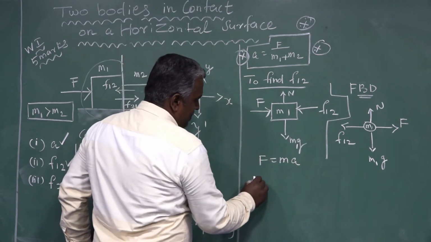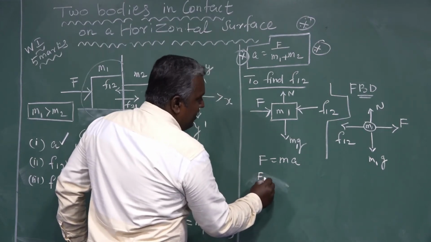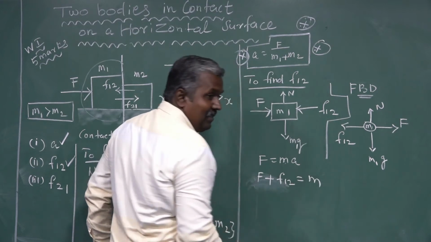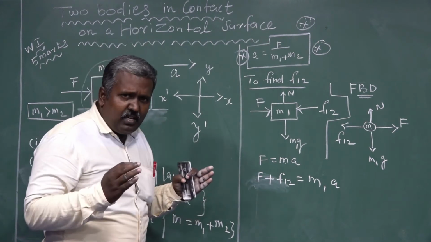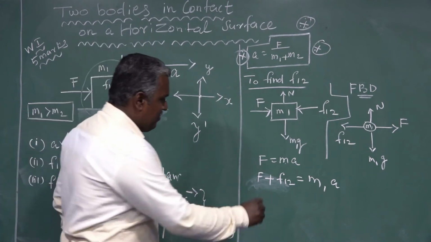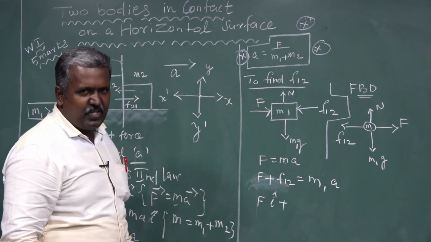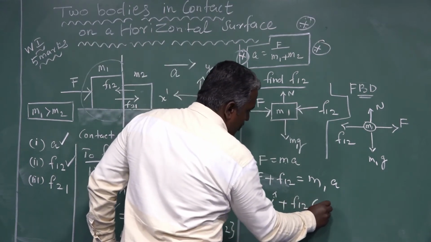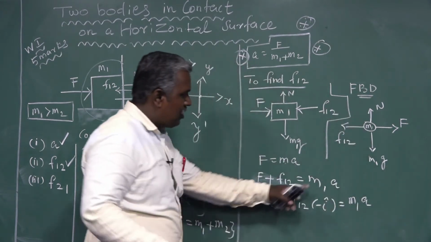So F plus F12 is equal to M1 a. Force is a vector quantity, therefore we must consider direction also. So F along positive x direction plus F12 along negative x direction, so F minus F12 is equal to M1 a.